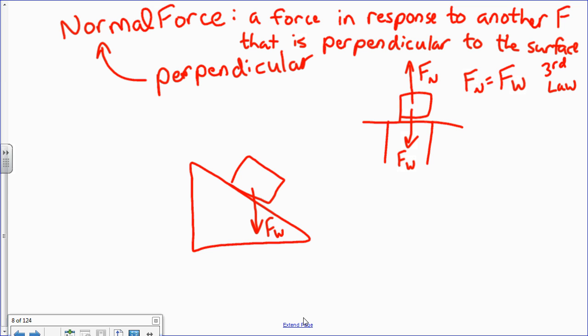Would it be like this? Like that? Yeah. This is the normal force. So you see how it's perpendicular to the surface. It's at an angle of 90 degrees to the surface. The normal force is always perpendicular to the surface. We'll deal with this in a little bit in a later class.